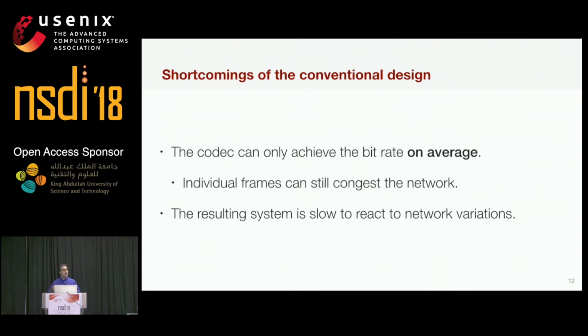So the codec might create a frame that is too big, and it tries to compensate by making the next ones smaller, but that big frame can still congest the network. And because of this fact that the bitrate can only be achieved on average, it doesn't make sense for the transport to update that bitrate estimate too often. So we ended up with a system that is slow to react to changes in the network.